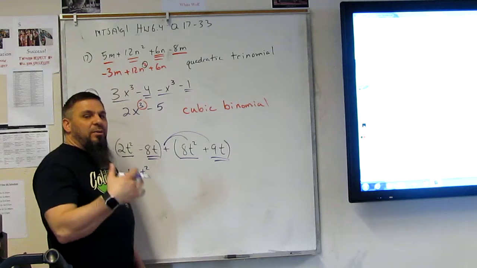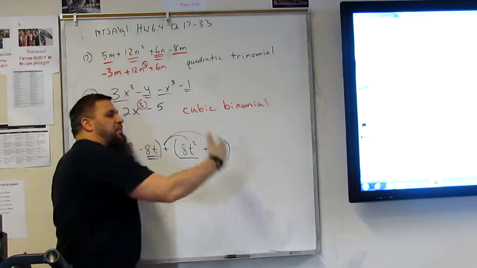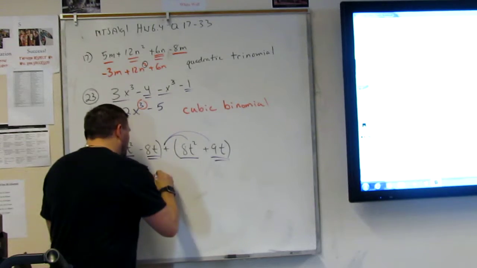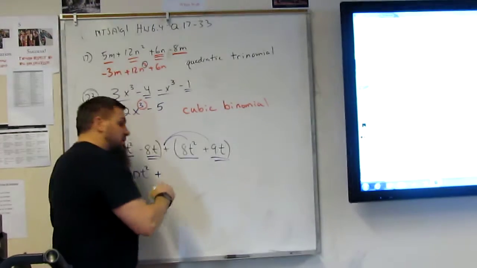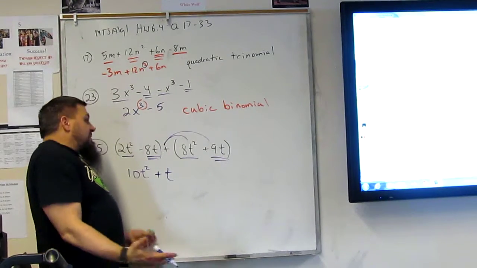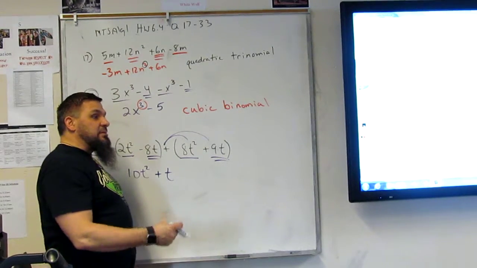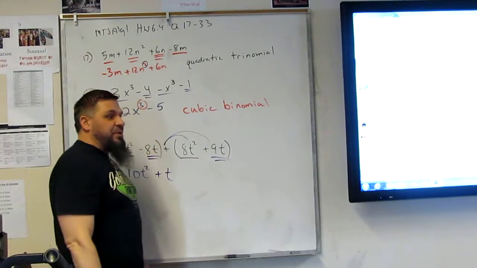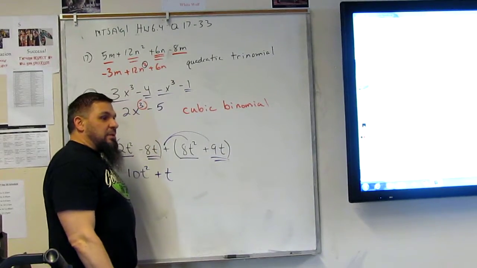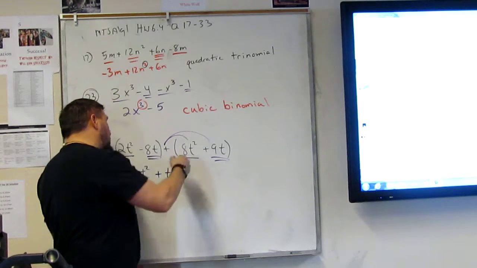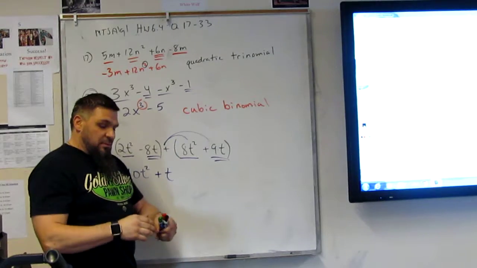So when I get negative 8t and plus 9t, how much do I get? 1 plus 1, right? So plus t. Okay? And it's that simple. It really is. Seems like this is being way too easy, right?